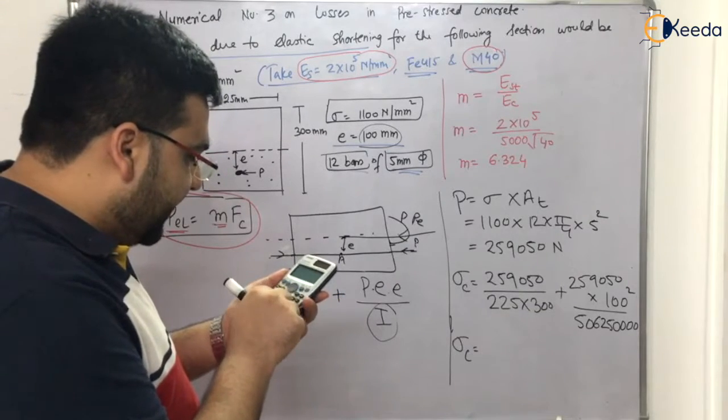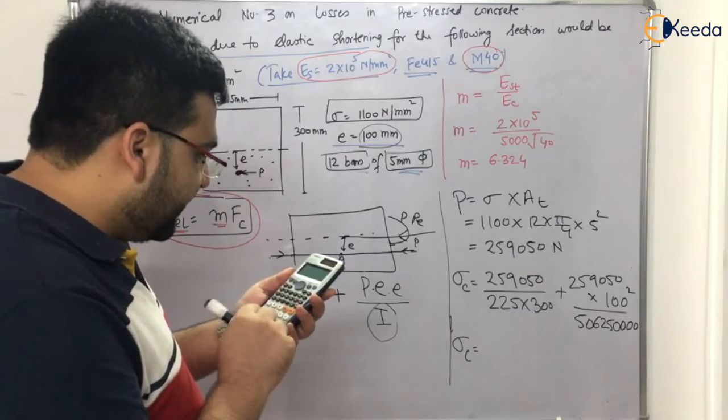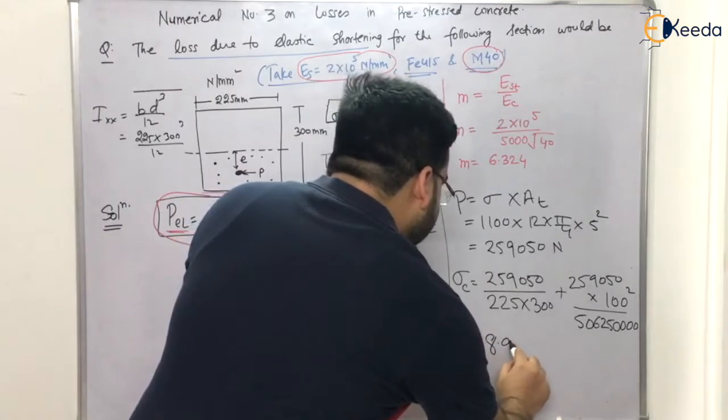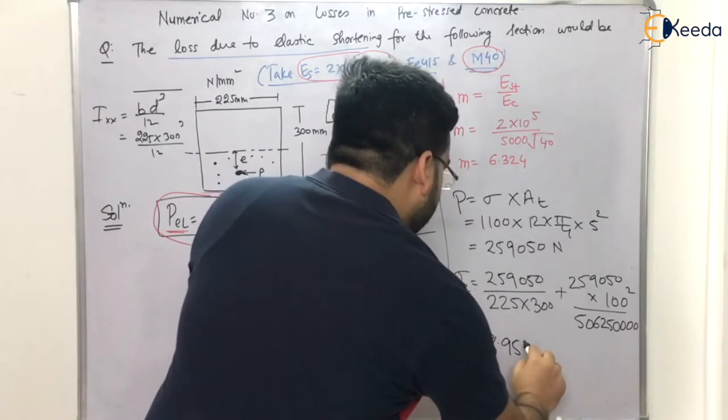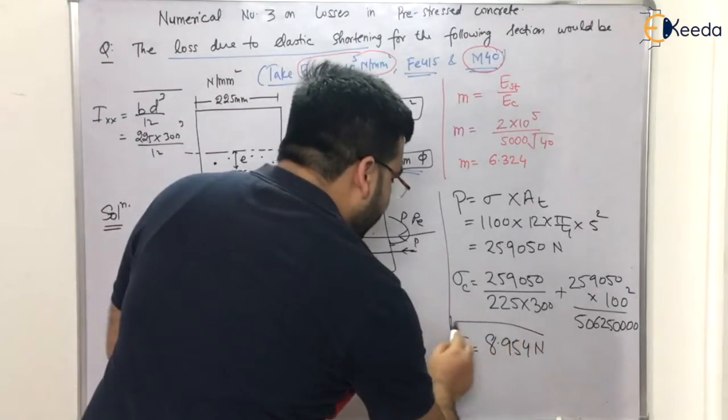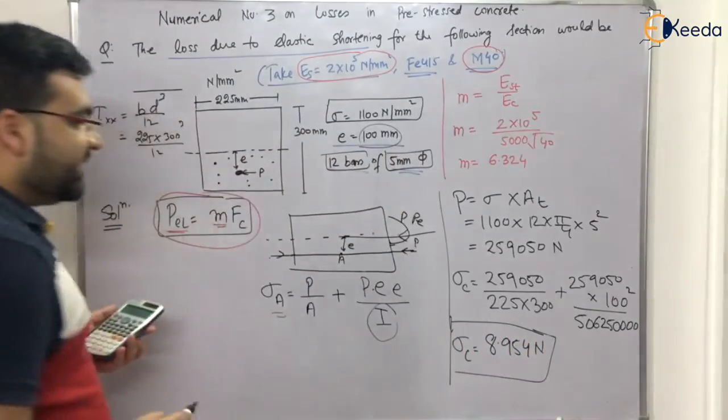I will be getting the answer as 8.954 Newton per mm square. I hope everybody is getting the same answer.